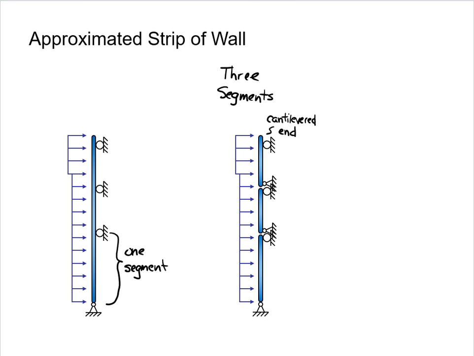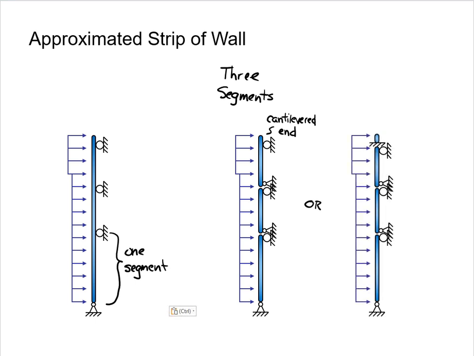But there is another reasonable way to break up this wall. We can break the wall into 4 segments. The top segment is a cantilever above the roof level. The 2 approximations will give slightly different results, but both give reasonable approximations.